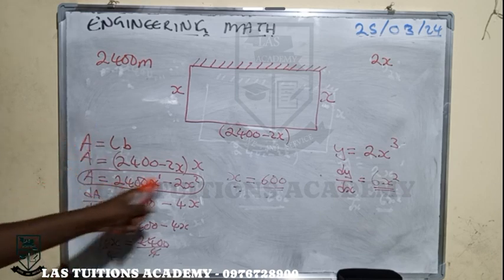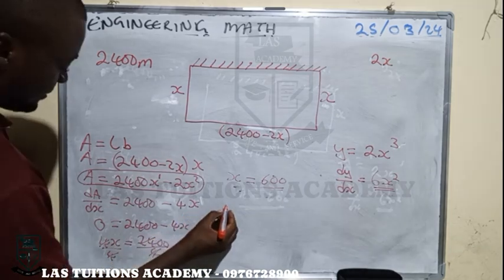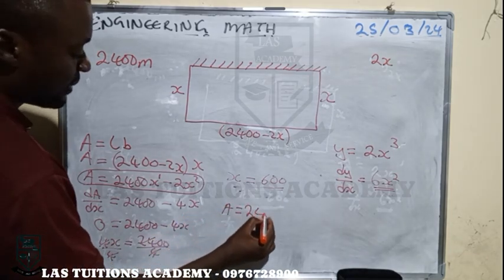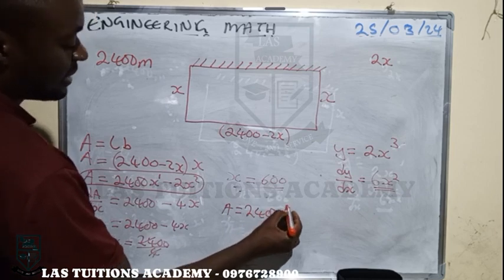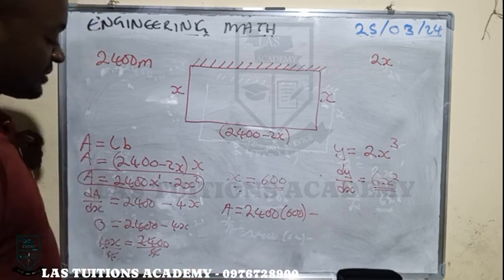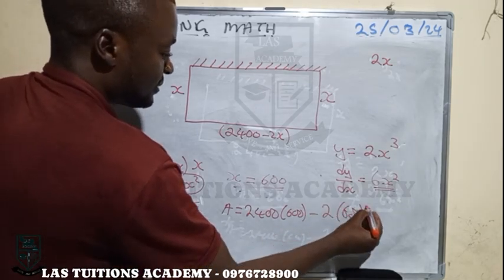So we're replacing wherever there's x with 600. So this is going to give us area is equal to 2400 times 600 minus 2, then 600 squared.